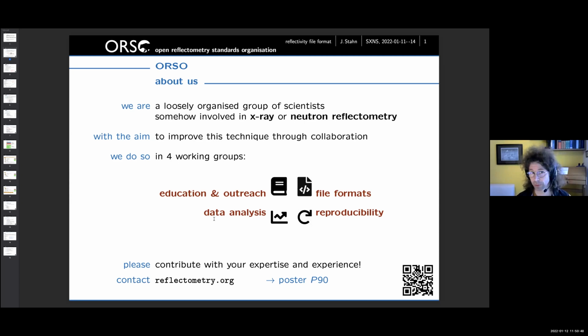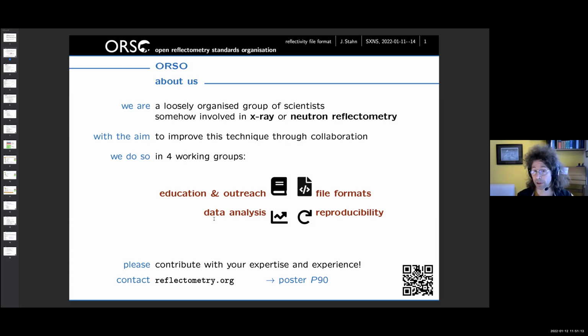We do this organized in 4 working groups. This is education and outreach, responsible for teaching, maintaining the web pages, and so on. Data analysis, which is clear, so several of the reflectometry data analysis software developers are involved there.